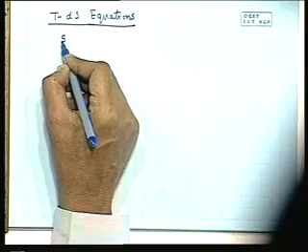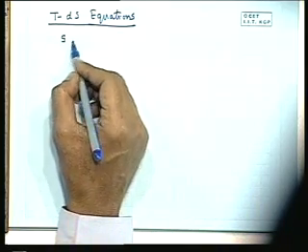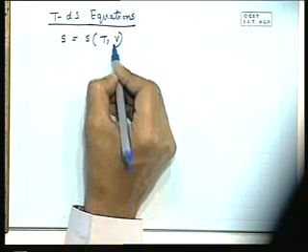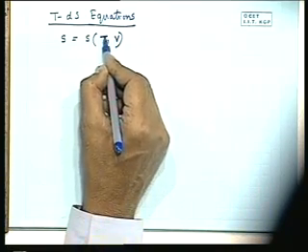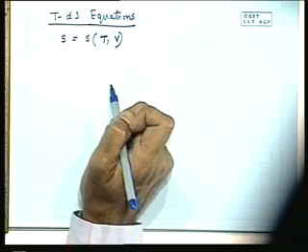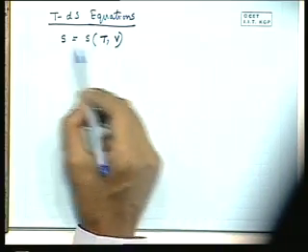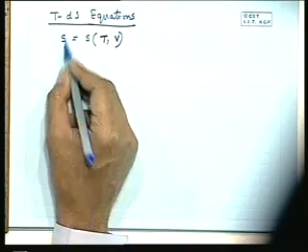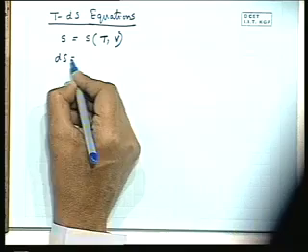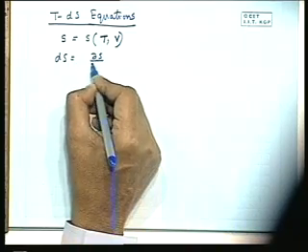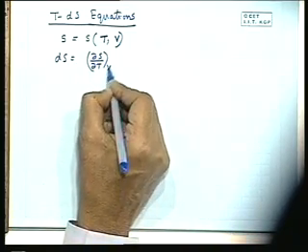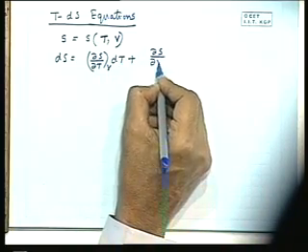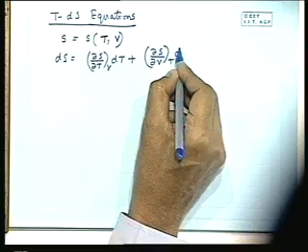If I express now the first TdS equation, let us express S as a function of T and V for a single component, single phase substance. Then we can write dS is del S del T at constant volume dT plus del S del V at constant T dV.